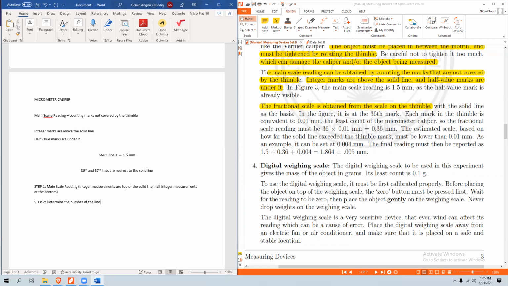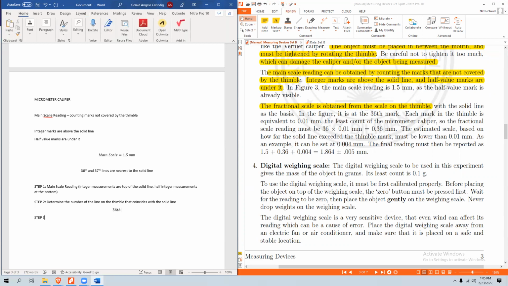The number of the line that coincides with the solid line. Number of lines, the number of the line on the thimble that coincides with the solid line. So in this case, it is the 36th line daw, sabi ng ating manual.